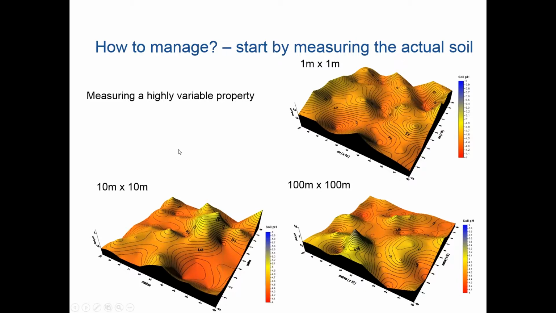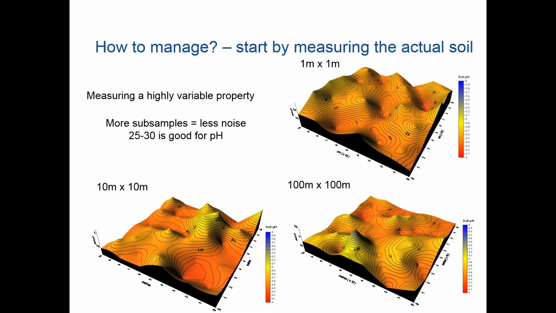So what do you do with that information? Well, if you want to know what the soil pH is, take a lot of samples. And you reach a point where if you don't take enough, you get such variation between your measuring points, sampling points, that it's just noise. The numbers that you get back don't mean anything. But you can go too far. You can take a heap of samples and you don't actually get much return for that extra sampling.